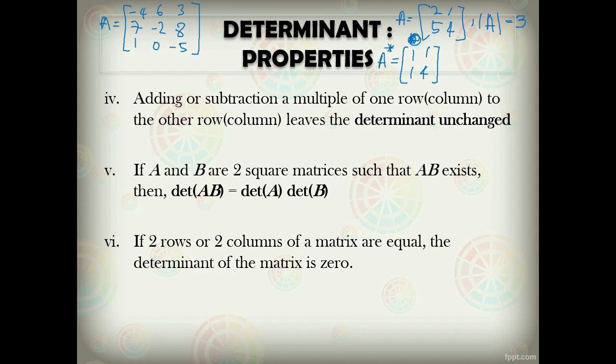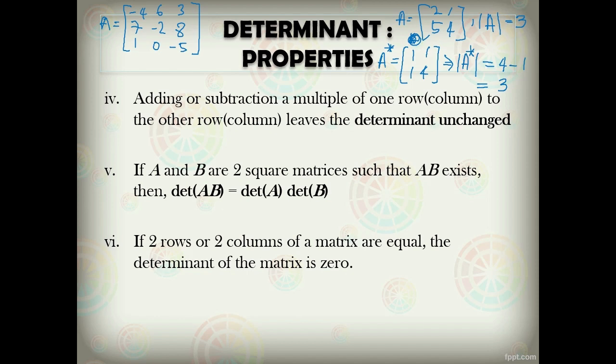Alright, so now let us find the new determinant for matrix A. 1 times 4, which is 4, minus 1 times 1, which is 1. So we get determinant equal to 3. So they are similar, right?